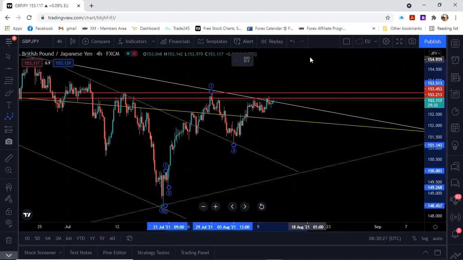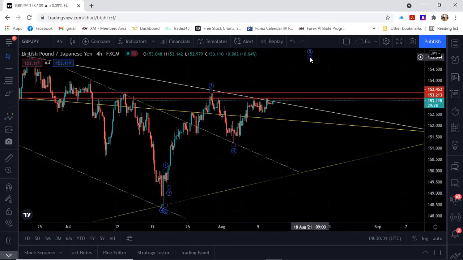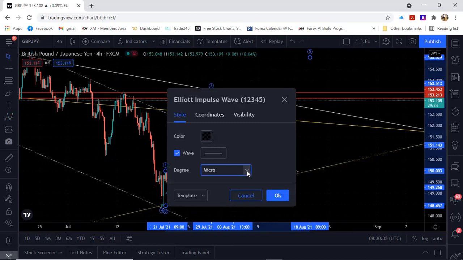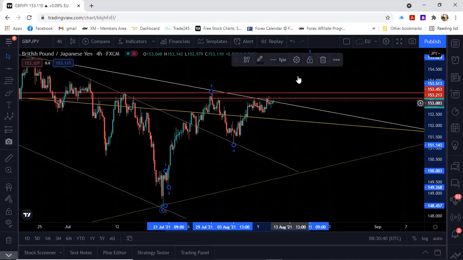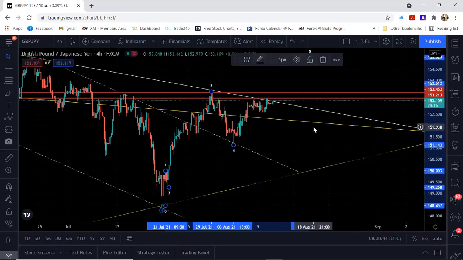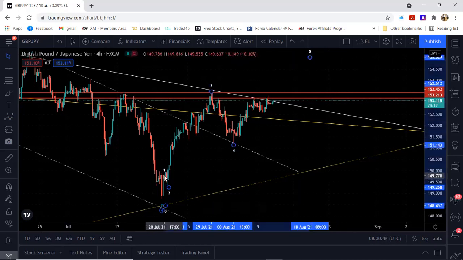So then we are expecting 5 somewhere up there. But now it's going to be something like this. Let me put micro, and also let's change the color to white. Okay, so this is what is happening now. So we are getting something like this.